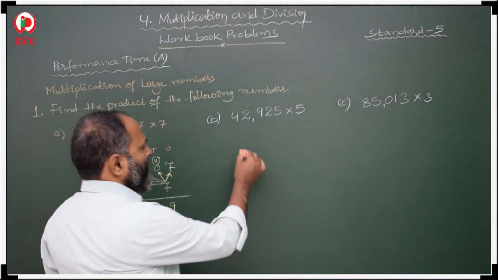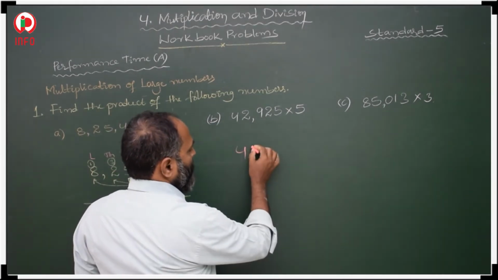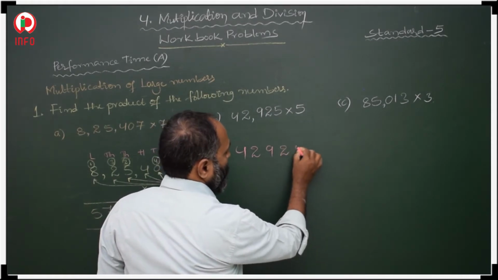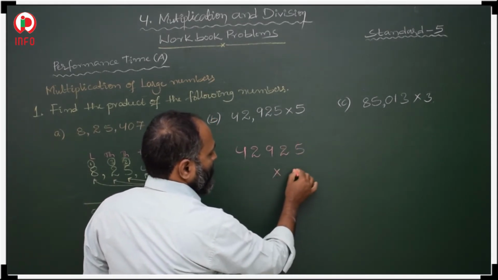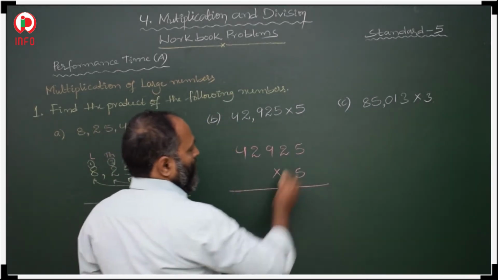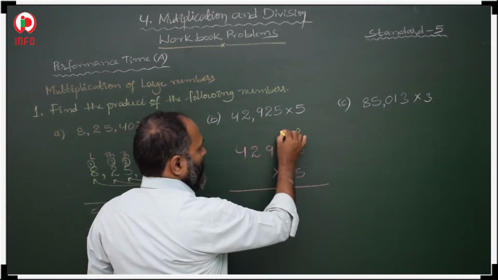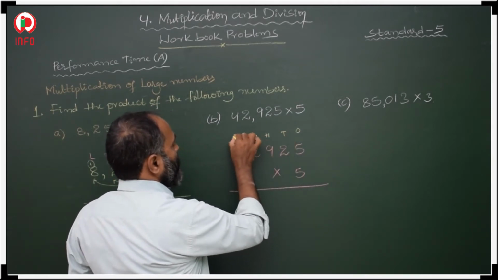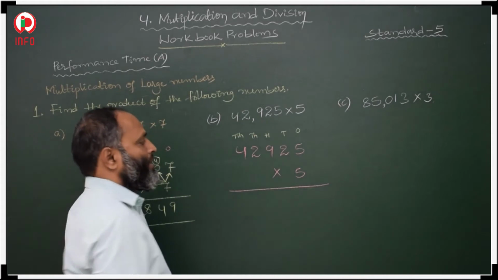Next, 42,925 multiplied by 5. These are the ones place, tens place, hundreds place, thousands place, 10,000s place.